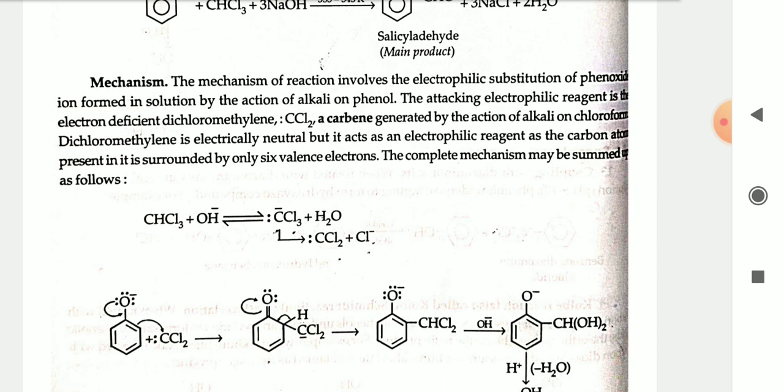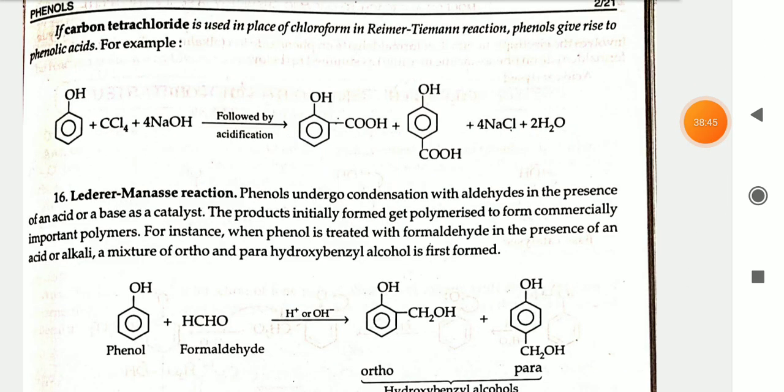Dichlorocarbene is electrically neutral but it acts as an electrophilic reagent as the carbon atom present in it is surrounded by only 6 valence electrons. The complete mechanism may be given below. If carbon tetrachloride is used in place of chloroform in the Reimer-Tiemann reaction, phenol gives rise to phenolic acid.